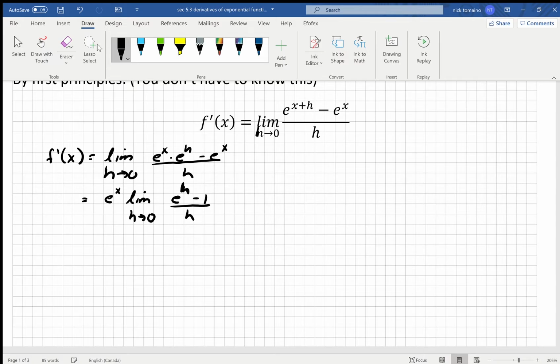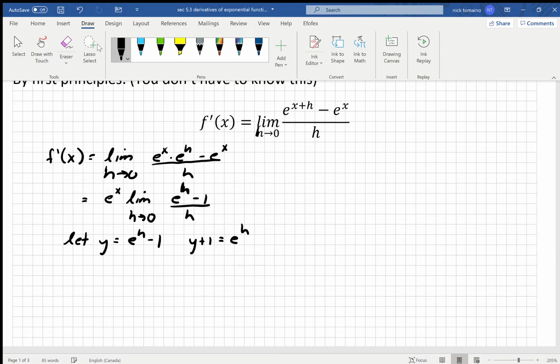but let's actually figure it out. To do that, we're going to say let y equal e to the h minus 1. Now we're going to rearrange this a little bit so we get that y plus 1 equals e to the h, right?